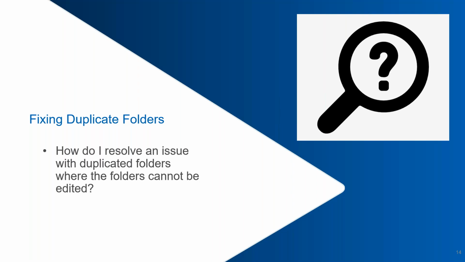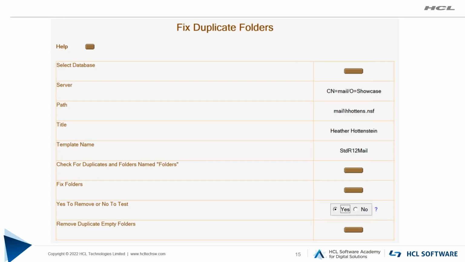So again, you run into an issue where a user has folders with the same name. They probably have a different folder collection, and you just want to get things solved for the user. So the utility has what is known as a fix duplicate folders tool. First of all, you use the button that says check for duplicates and folders in this utility.